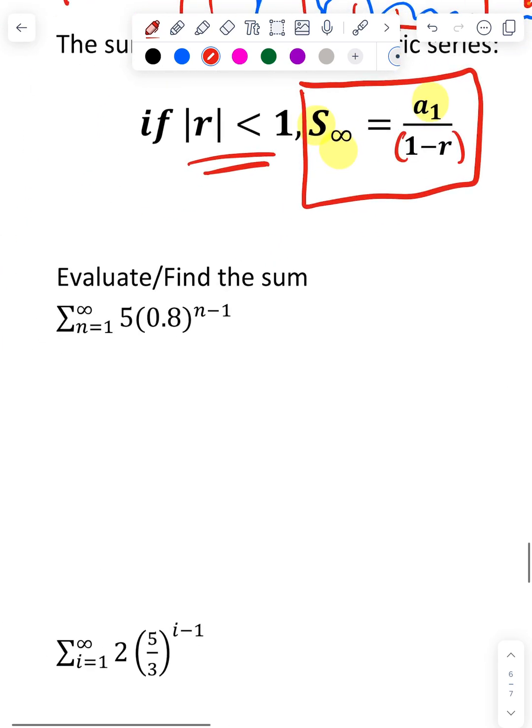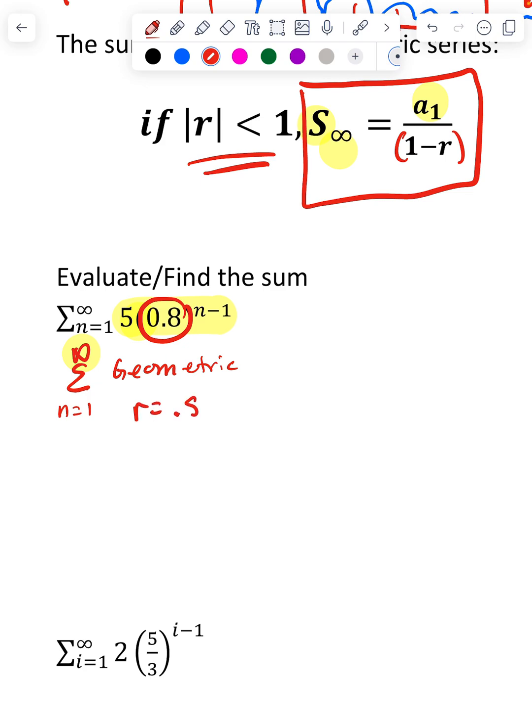So here it says evaluate, find the sum, and this goes from 1 to infinity. So that's my first check, this is infinite. Secondly, this is geometric because I have n in the power. And because I have infinite and it's geometric, the next thing I check is my R value. R is going to be the thing raised to the power, so it's 0.8, which is indeed less than 1.